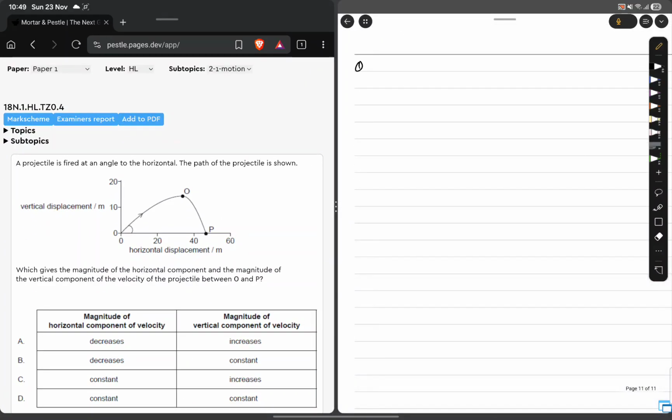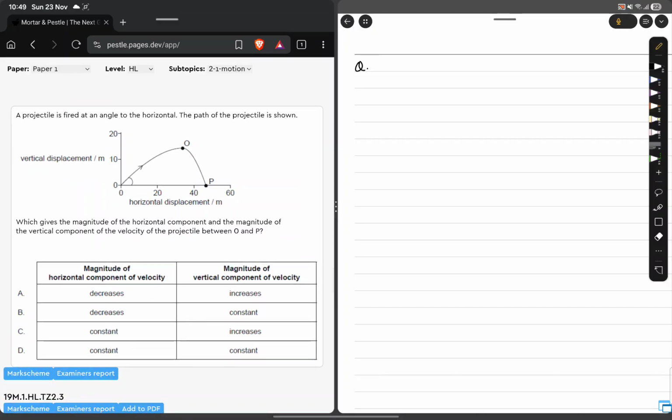Next question: a projectile is fired at an angle to the horizontal. Alright, so there's definitely air resistance because it's not parabolic. Which gives the magnitude of the horizontal component and the magnitude of the vertical component for the velocity between O and P? Okay, so this is just like the SL question, but with air resistance in it.